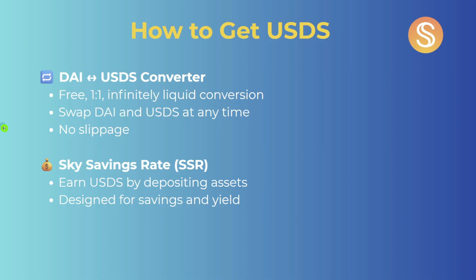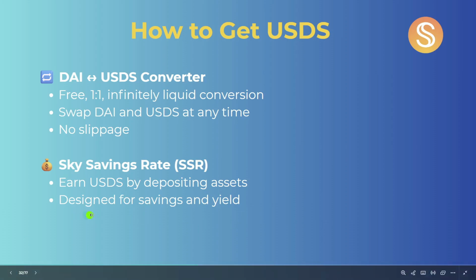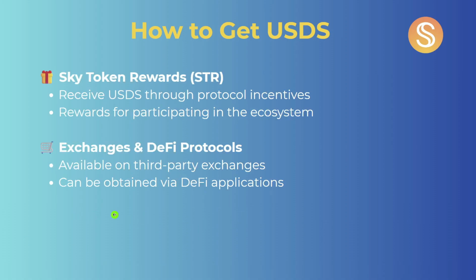There is no slippage. And of course, you can get USDS if you provide USDS to the Sky protocol with the Sky Savings Rate, as we will see. So you deposit USDS and you accrue interest in more USDS. And of course, you get a yield, and this is designed for savings and yield.